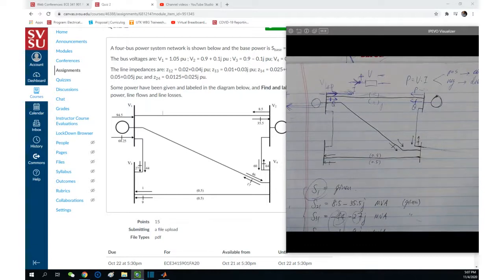Like a capacitive line instead of inductive line. So what? The line has different impedance or admittance. Well, it doesn't matter. Oh, you mean you have a positive negative sign issue? You need to clarify that. Is that what you are asking?